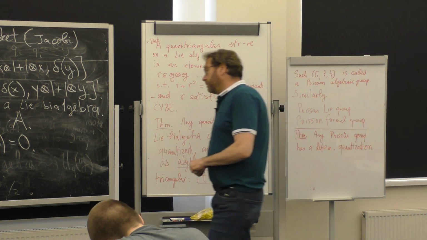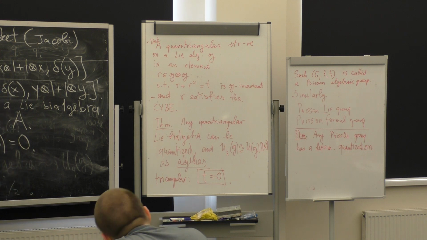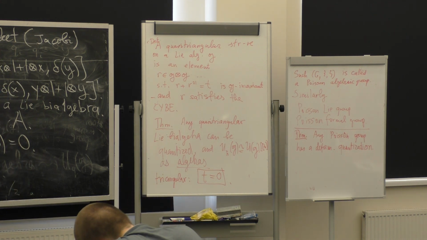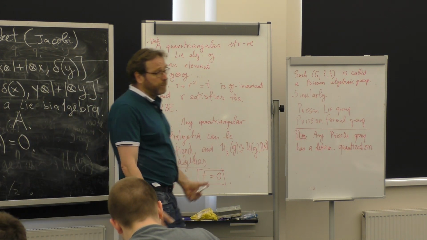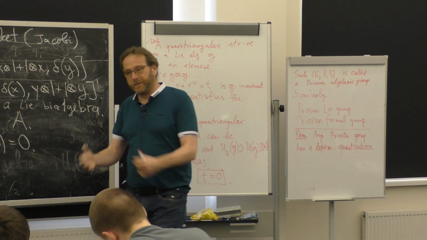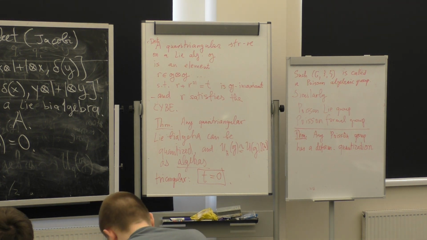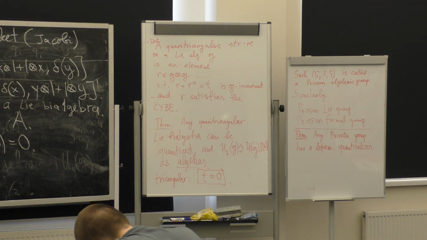So the reason this is nice, and maybe I'll talk about that at the beginning of next time, is that for Hopf algebras, we have a notion of quantum double. And similarly, we have a notion of classical Drinfeld double for Lie algebras. And this connects to the notion of Manin triple. And Manin triple is something that's very easy to construct, actually. This is a way to construct a lot of Lie algebras, and by this theorem, a lot of Hopf algebras.